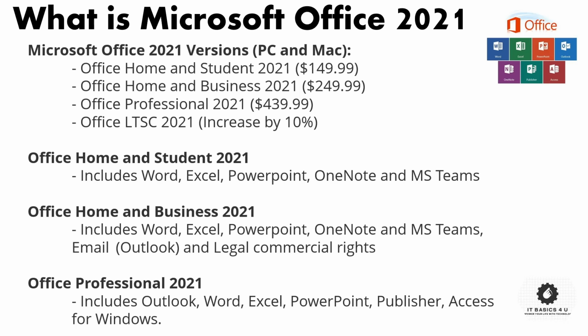The home and student, home and business, that typically involves Word, Excel, PowerPoint. The business version includes Outlook, but when it comes down to the professional version, it includes two more applications, which includes Publisher, and it also includes Access.